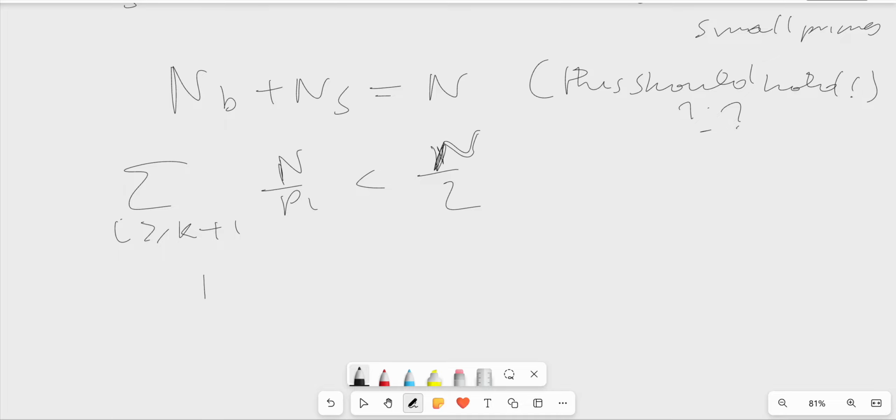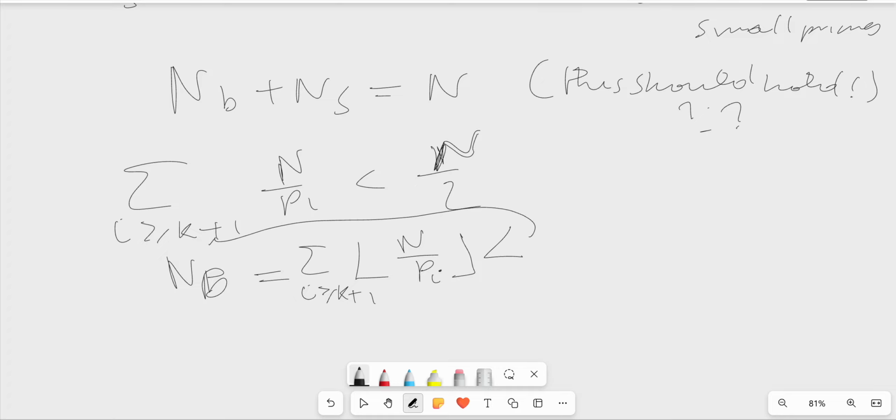You can also estimate NB, which counts all multiples of p_i, let's say with i greater than k. The multiples of p_i which are at most n number less than n over p_i, and summing, this is less than n over 2.